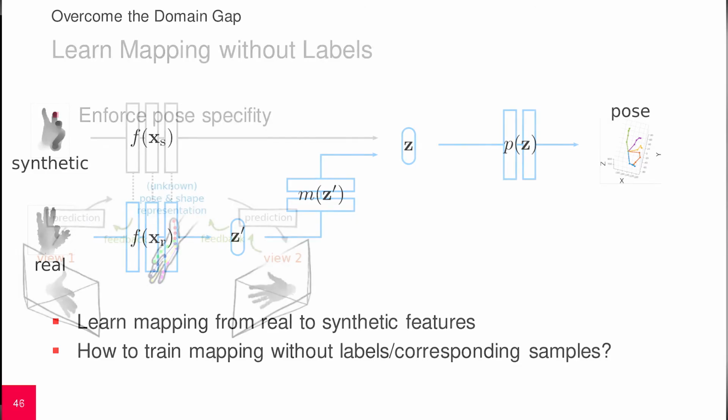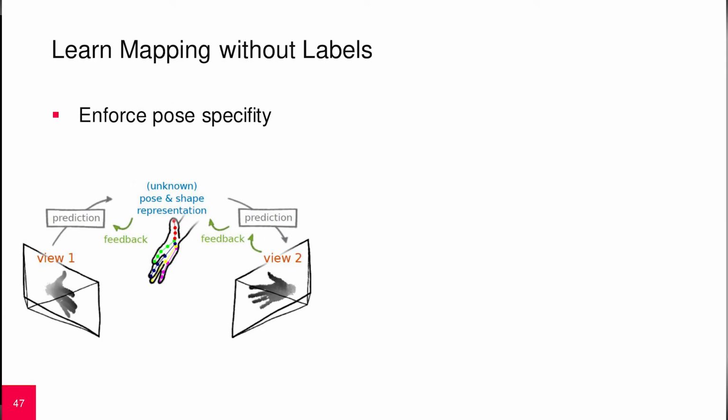And this goes back to two ideas we exploit. One, as I already said, is the idea I introduced earlier for enforcing this pose specificity, based on the observation we made earlier to train a mapping from one view to the other.